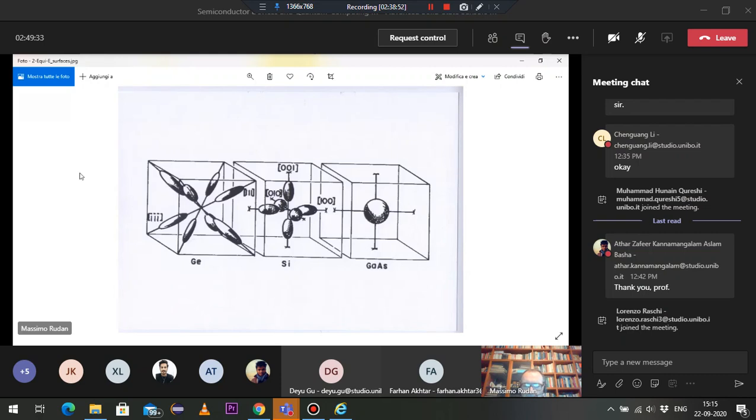So this is the K space, and the sphere that you see is the surface of equal energy. So we fix the energy near the minimum, okay? And it is a sphere because of the spherical symmetry of the minimum.